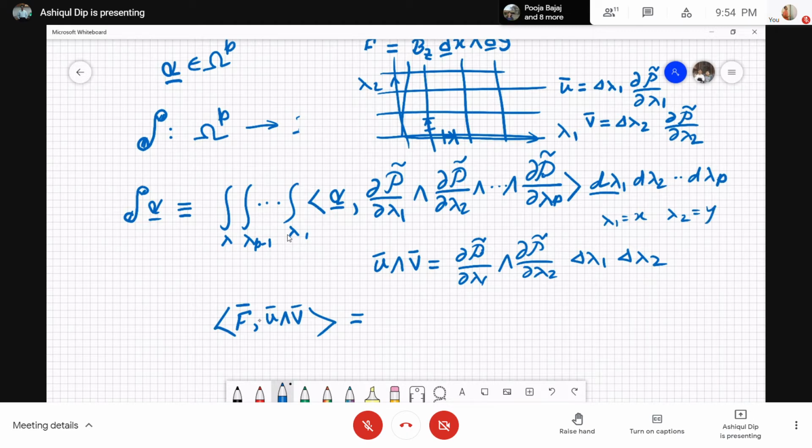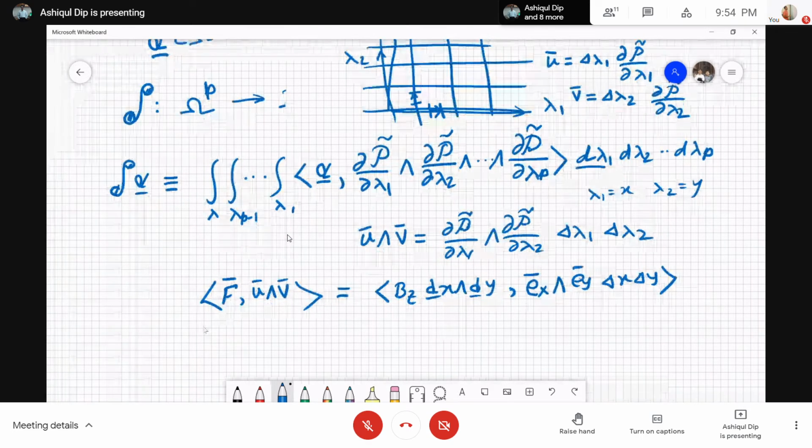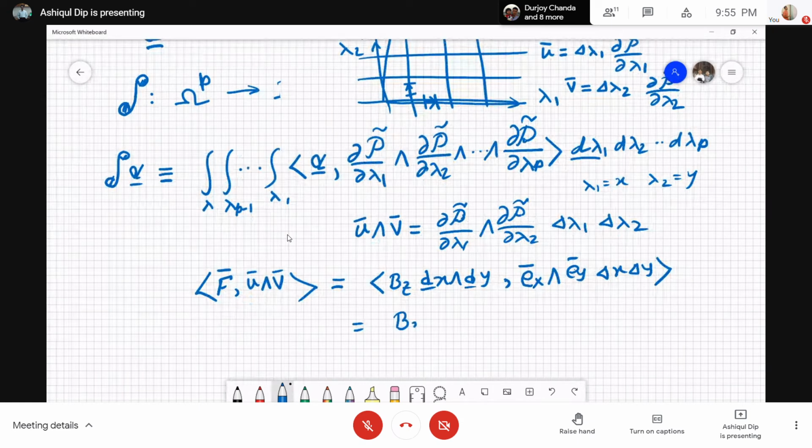Then you get piercing of bz dx wedge dy, pierced with what? Delta p by delta x, which is ex, wedge delta p by delta y, which is ey. Then you have delta x, delta y, which would be your bz. It comes out of the piercing process. Those are numbers, and you are left with this part.